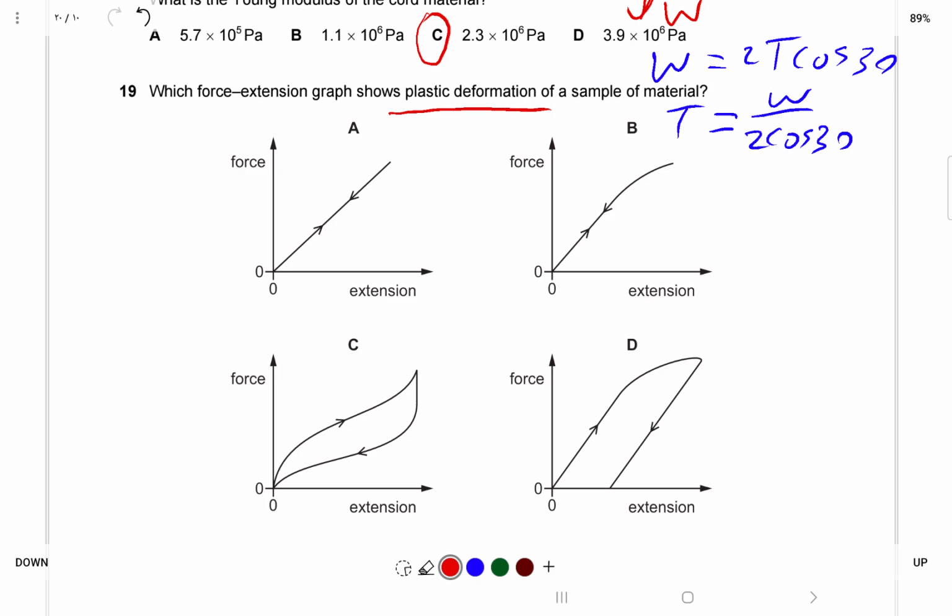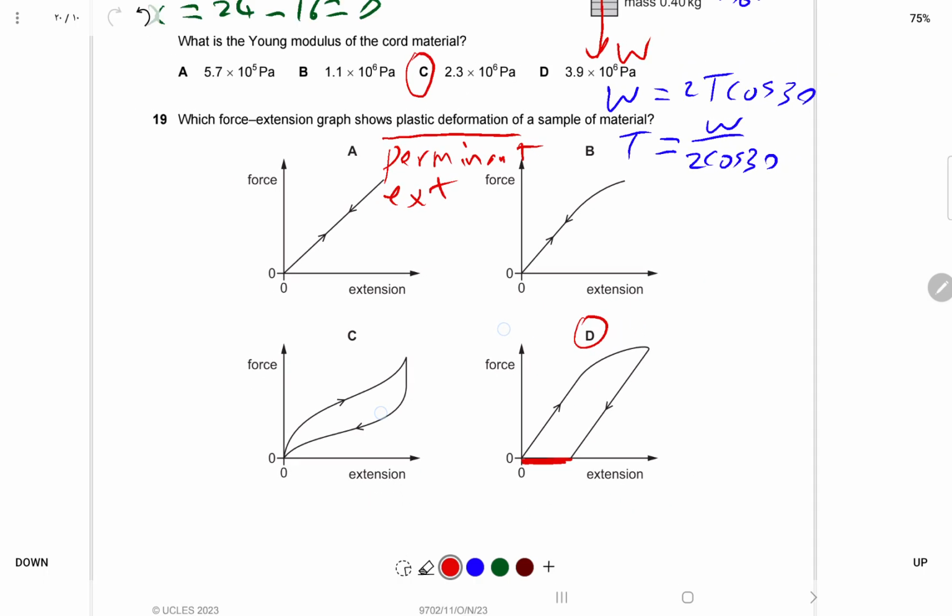Clearly here, because of plastic deformation, you will have permanent extension. And in option D, you have permanent extension. So option D is the correct answer.